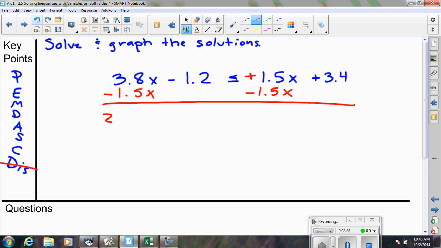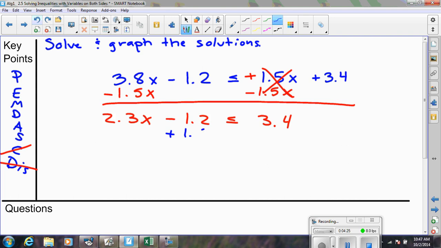Okay, 2.3 on the left. Okay, so that stage is done. There's no more combining like terms. Yep, our next step, looking at adding and subtracting, we will have to add 1.2. Go ahead and write it out.